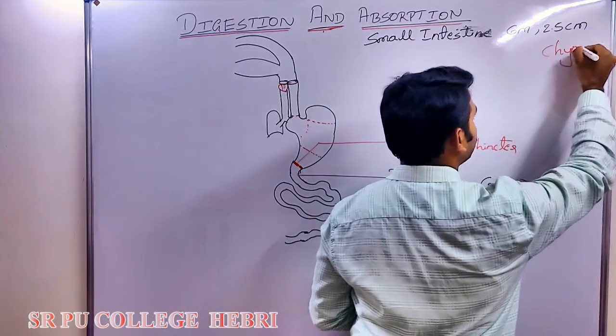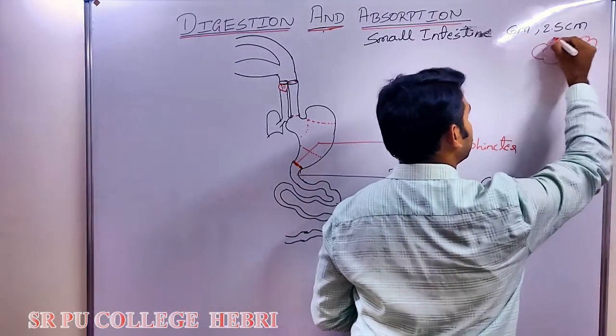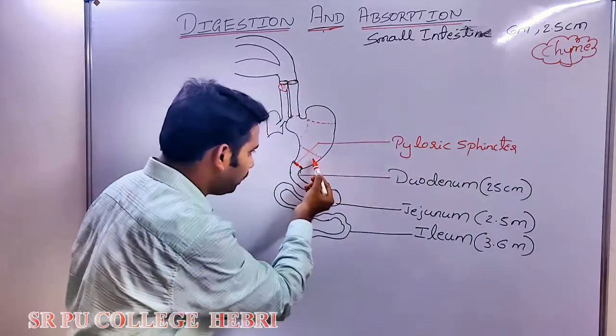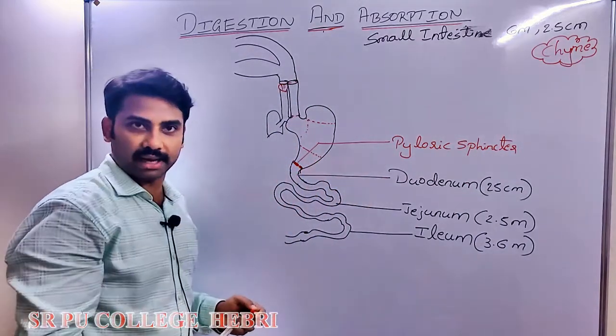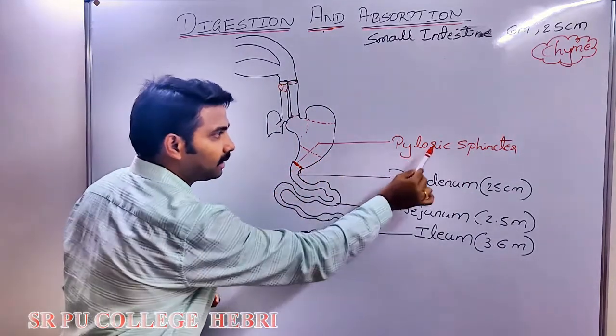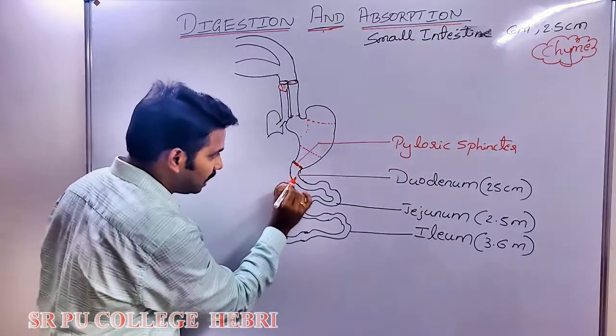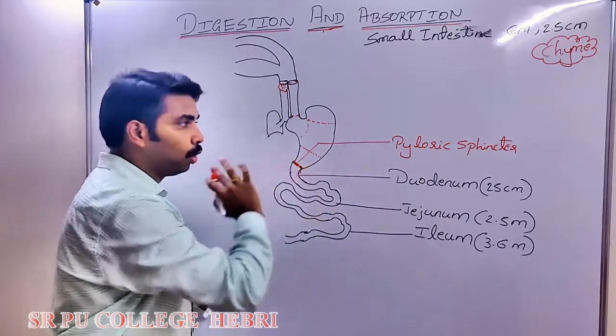C-H-Y-M-E. 1 mark question. This chyme is released to the small intestine through which sphincter? Pyloric sphincter, whereas it prevents the backflow of the food.